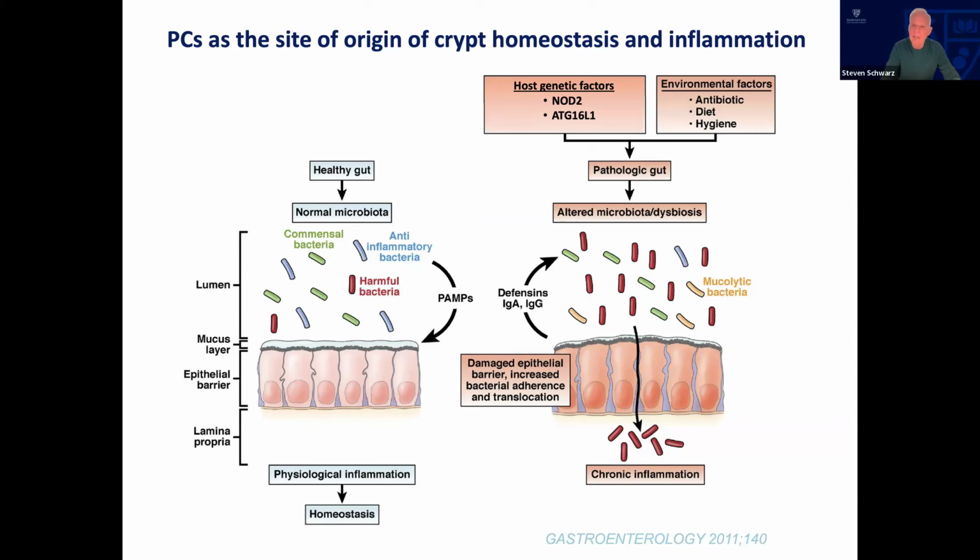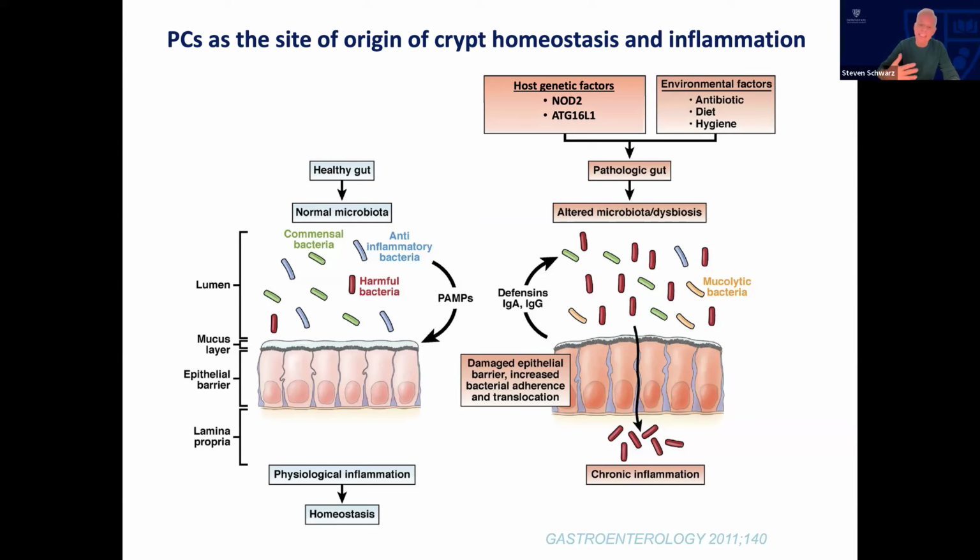And again, under normal conditions, to the left, you have a healthy gut with a normal microbiota. They include commensal and anti-inflammatory bacteria, which produce pattern-associated elements, which are recognized, and the harmful bacteria are controlled.